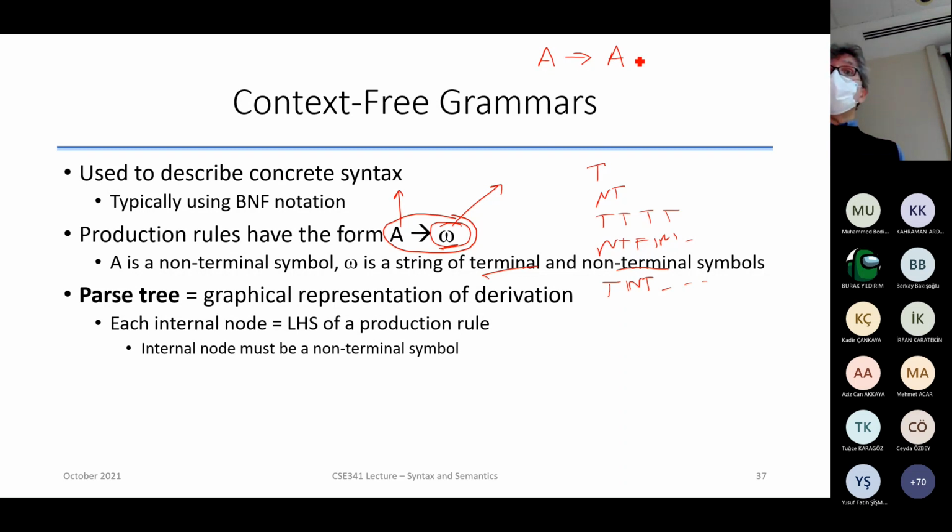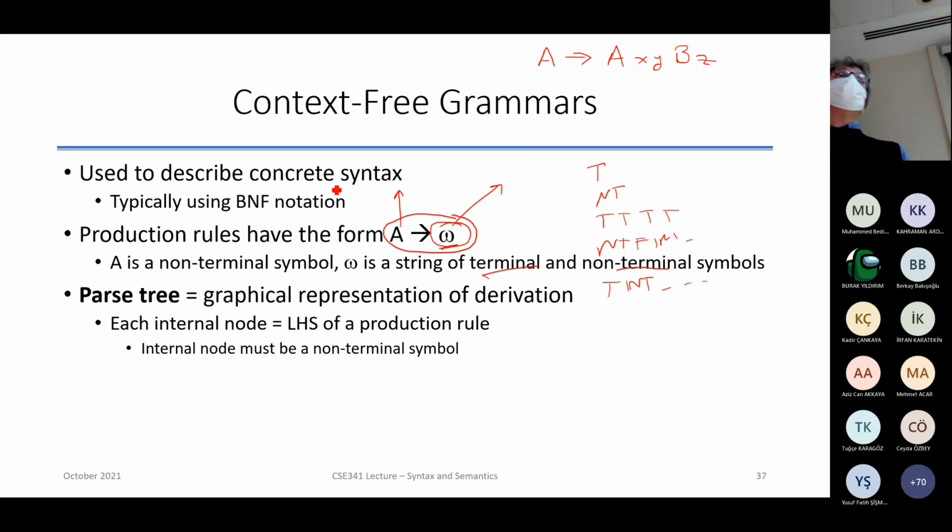Small letters are terminals and capital letters are non-terminals. All right. So this is a production rule.